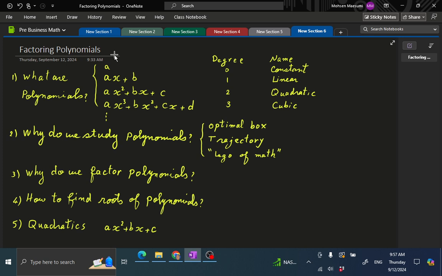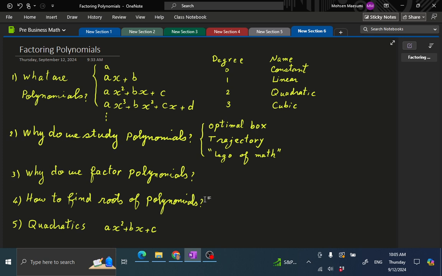To explain that trajectory in its simplest case, we would need these particular polynomials, especially these quadratics. Let me just remind you again what the topic was all about. You remember in the previous lecture we talked about construction of optimal boxes.